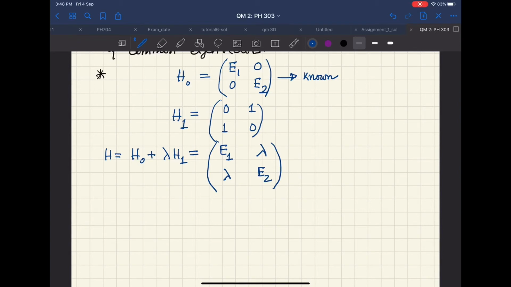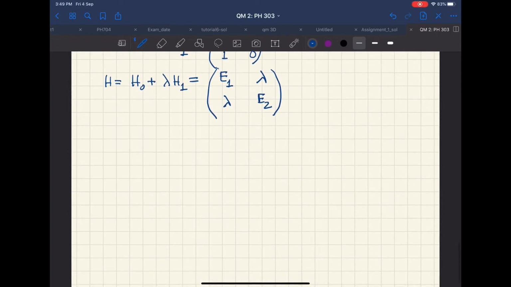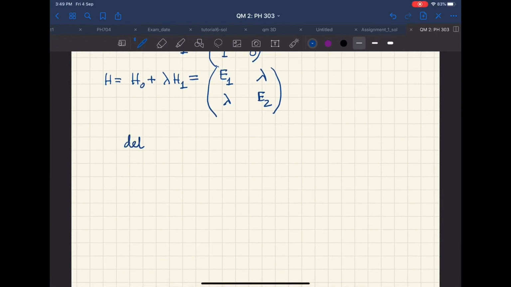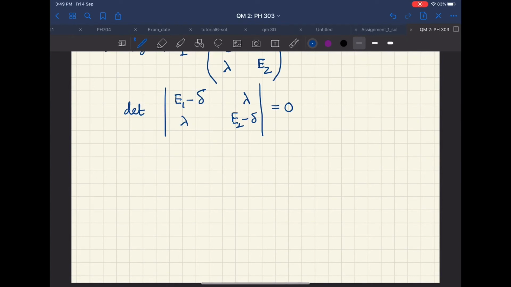And we know how to find the eigenvalues of a matrix. Suppose the eigenvalue is delta, so you write E1 minus delta, lambda, lambda, E2 minus delta. You know how to figure out the eigenvalues of a 2 cross 2 matrix. It's very easy. So let us calculate this.